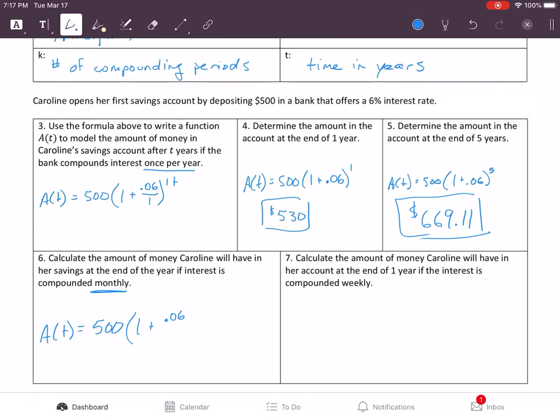Now monthly, we want to figure out how many months in a year. That would be 12. Now K would be 12, and our T value is going to be 1. Okay, so now we're going to have to put this into the calculator to find out what it's going to be after a year if the interest is compounded monthly.